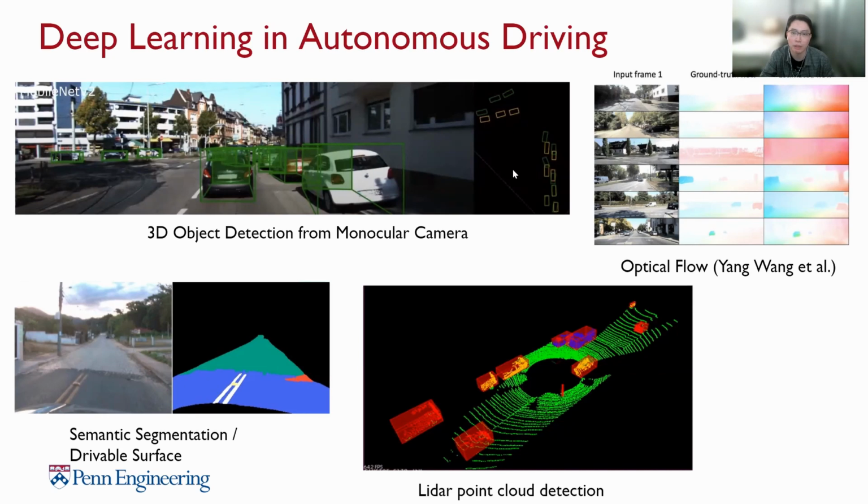And on the right, you can see the network also outputs a bird's eye view to show you from the top-down view how far the object is. And over here, you can see this is the optical flow. We can calculate optical flow in classical computer vision. We find some features, and between the frames, we match the features to track how that pixel is shifted between the frames, right?